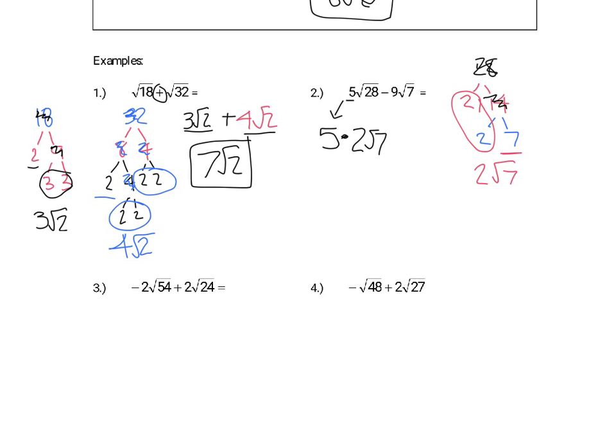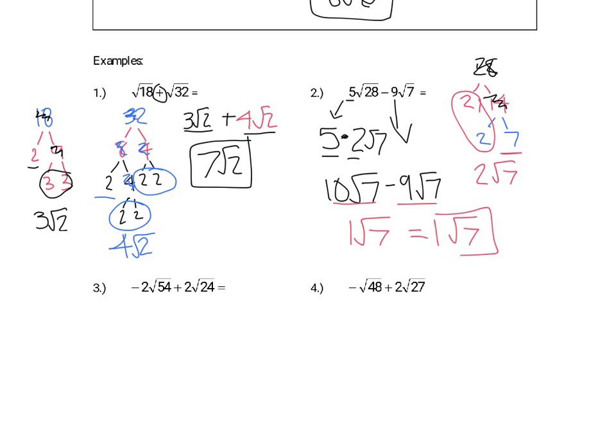When I break that down, multiply 5 times 2, we get 10 square root of 7. Then we'll bring all that madness down, which was minus 9 square root of 7. What you should realize is we can actually combine those because they both have square roots of 7. So 10 take away 9 is 1 square root of 7, or basically just square root of 7.